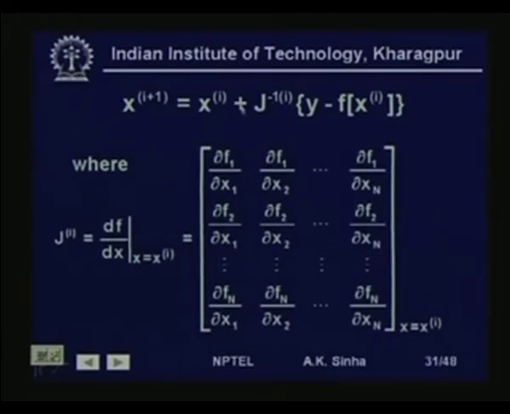And this j is the Jacobian matrix, because we have n number of equations and this is the partial derivative of all those equations. So, j I is equal to df by dx at x is equal to x I is given by this matrix, which is del f 1 by del x 1 and so on. So, this is n by n matrix, if we see, for the n number of variables that we need to solve.